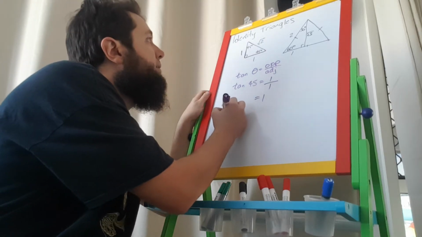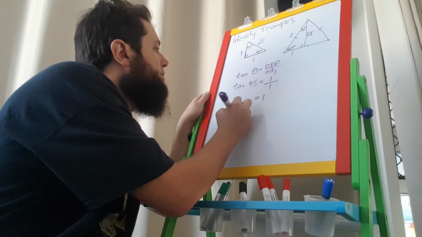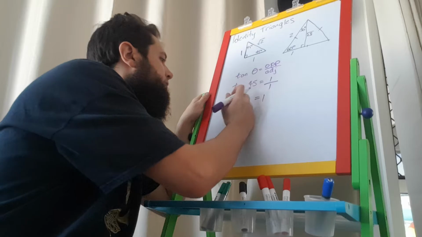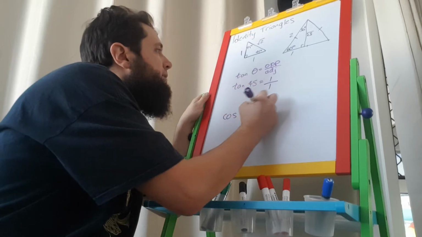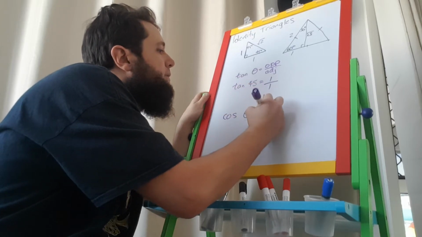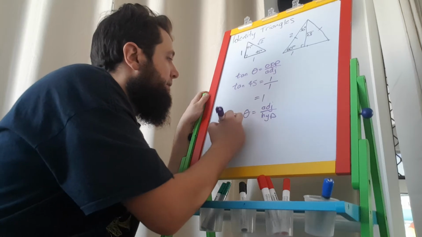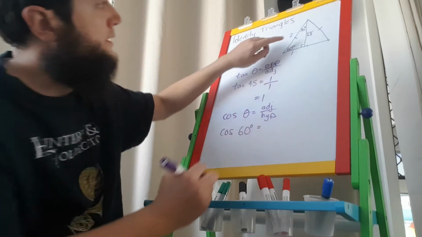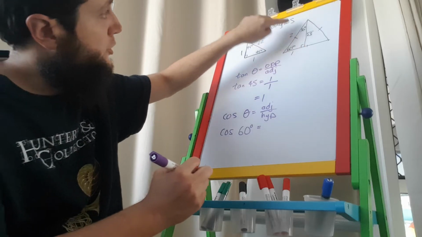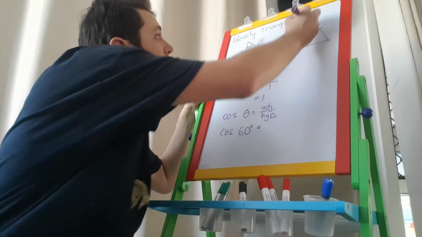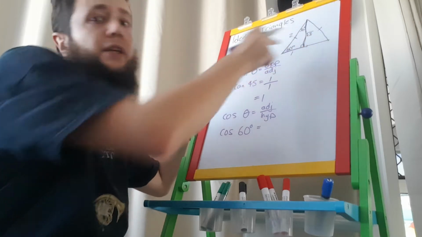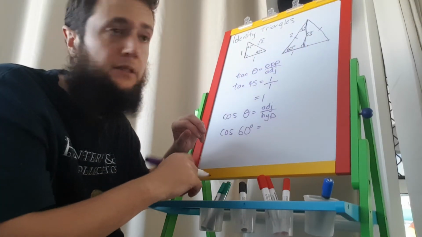So I'll do a second one. Let's say I did cos 60 degrees. I'll do the rule for cos first. Cos theta is adjacent over hypotenuse. So in this case, if I said cos 60, I look at the 60 degree triangle here. I'm only looking at the triangle on this side. That's our 30-60 triangle. I only have the other bit because I was showing you how to construct it.